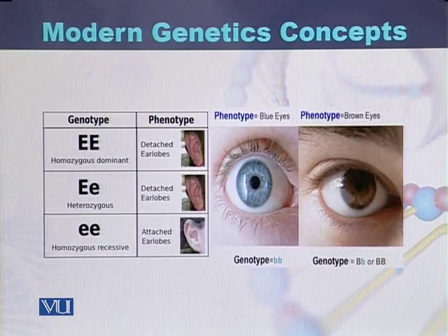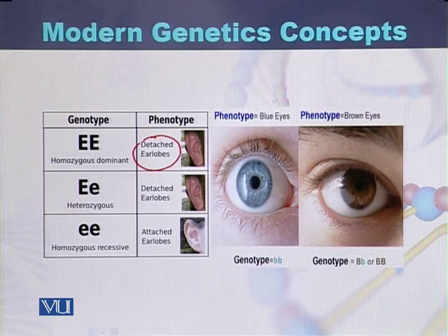If we see the comparison between genotype and phenotype, one phenotype can have more than one genotype. Like if we say there is a phenotype which is detached earlobes.